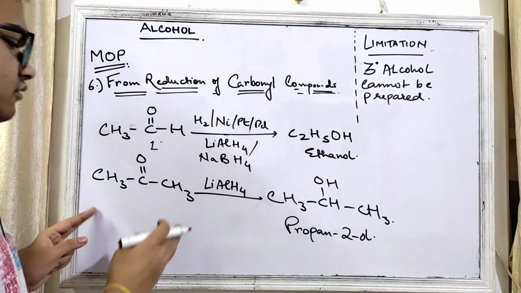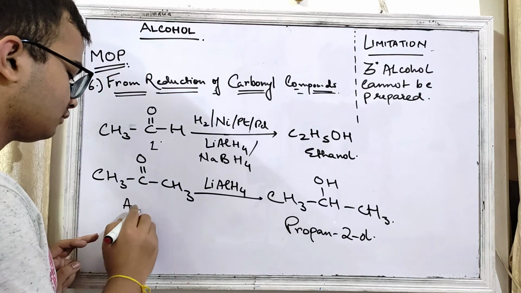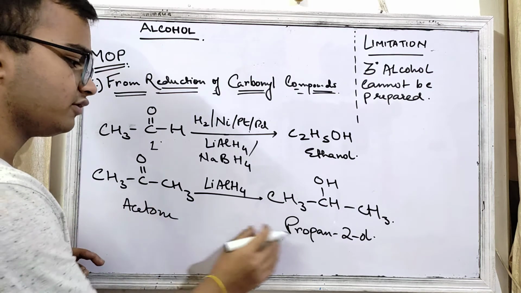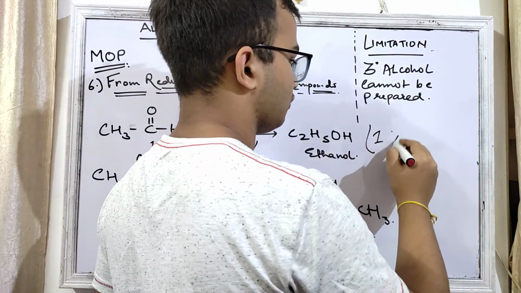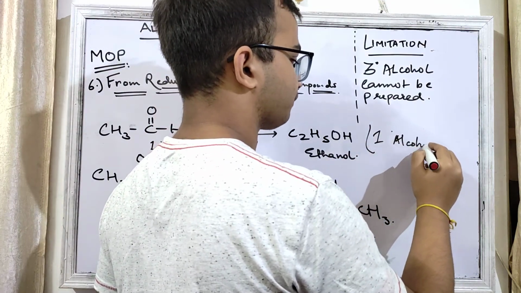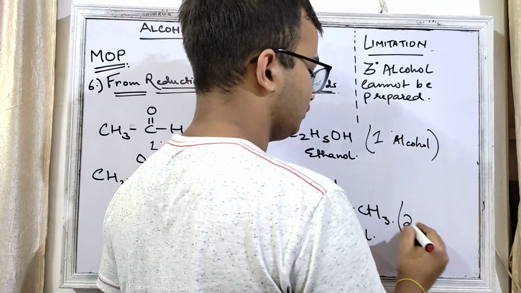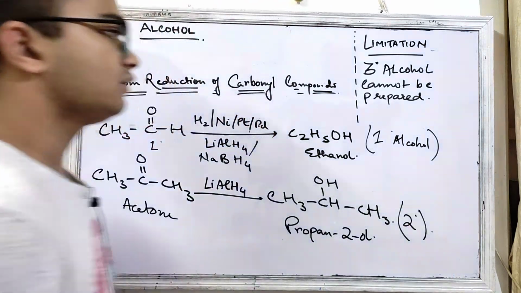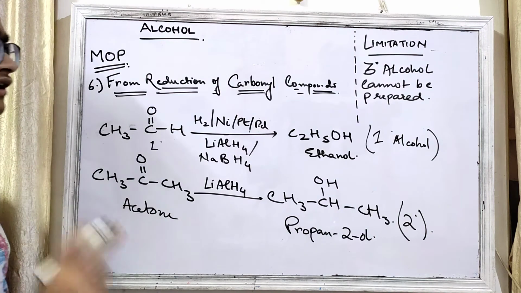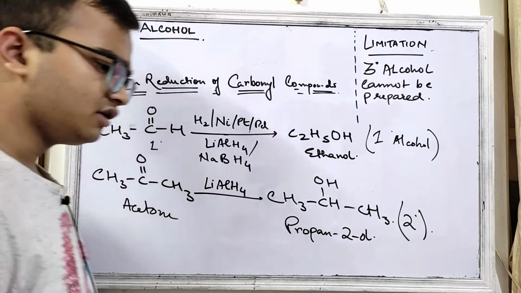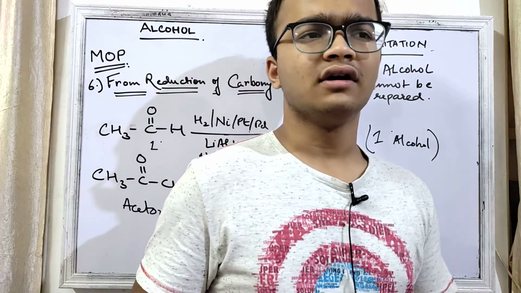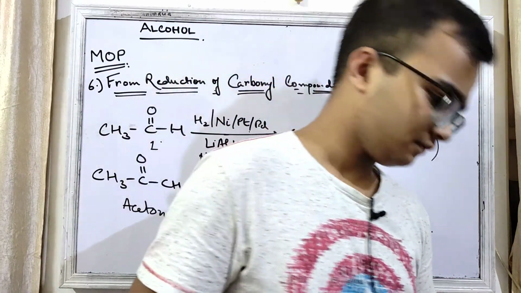Similarly, when you treat acetone, you get propan-2-ol, and this one is your 2 degree alcohol, right? And the limitation is 3 degree alcohol cannot be prepared. So copy it up to this much. Next we will learn about the reduction of carboxylic acid compounds.